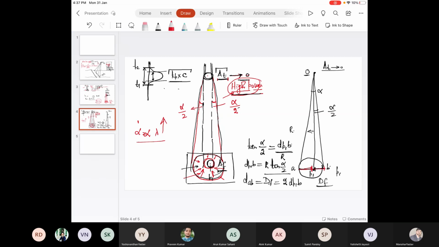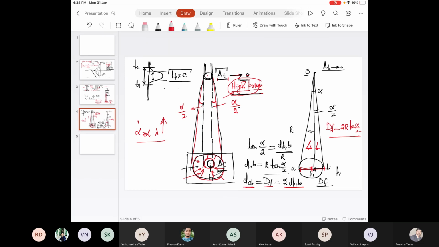There is a symmetry, no? These two triangles are similar, this triangle and this triangle. So AB is equal to DF, which is 2 times this. Ultimately, DF is calculated in this case as 2R tan alpha by 2. It is clear to all?